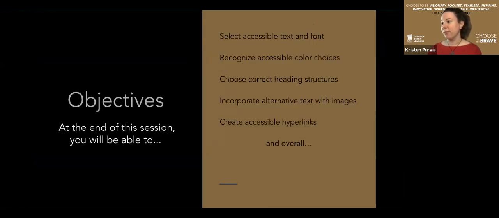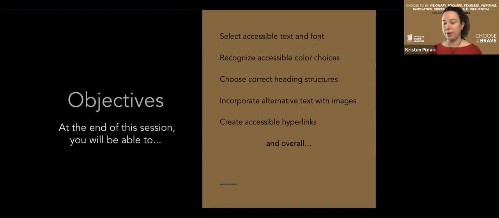So let's look at our objectives. At the end of this session, you'll be able to make informed decisions about what text, font, and color choices are appropriate for online accessibility, and utilize the heading structures in text documents, and that includes Word documents and PDFs. You'll be able to create alternative text to accompany your images, and this is useful for users who use screen readers.